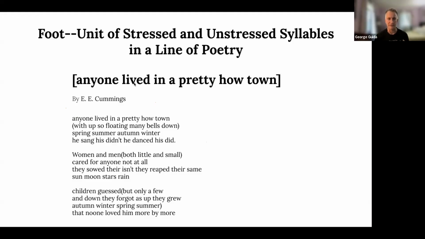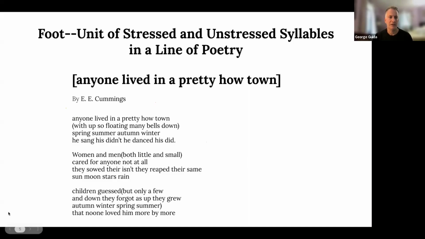So a number of them taken together. And I'll use this poem by E.E. Cummings, who was an early 20th century American poet, to emphasize the use of feet, because there are a number of different kinds of feet, what we call metrical feet, in this poem, that is combinations of stressed and unstressed syllables, right?